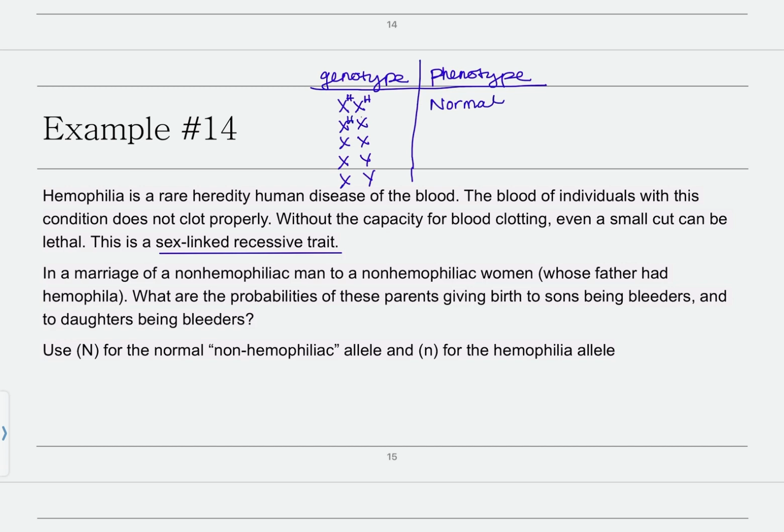If we have a dominant allele and a recessive allele, we're still going to be normal. Because this is a recessive trait, we would need 2 recessive alleles in order for a female to have hemophilia. For a male, if he has a dominant allele, he's going to be normal. And if he has a recessive allele, he's going to have hemophilia.